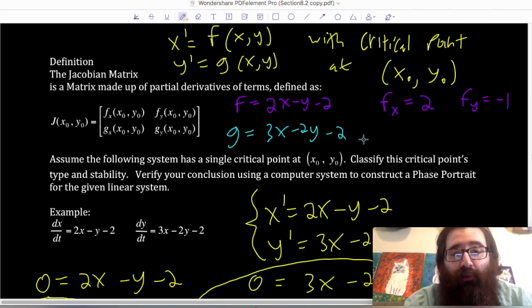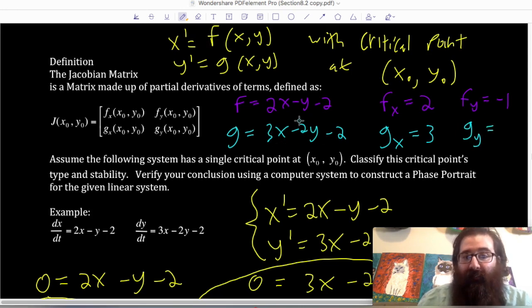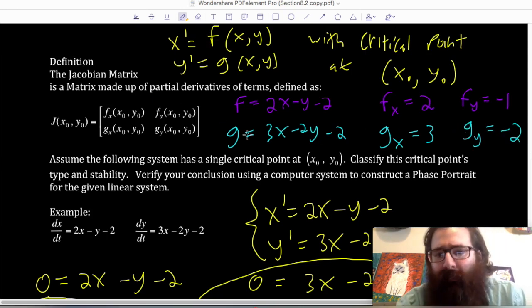Similarly, the partial derivative of g with respect to x, treating y as a constant, just leaves me with 3. And the partial derivative of g with respect to y, treating x as a constant, just leaves me with negative 2. And this builds the Jacobian matrix. There's no extra step here because there's nowhere to plug anything in. It just builds that coefficient matrix.